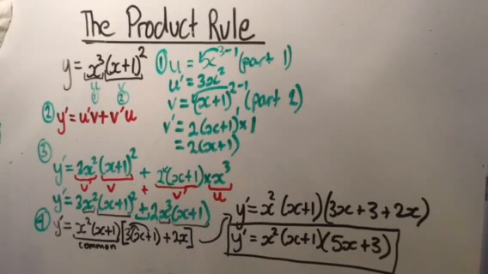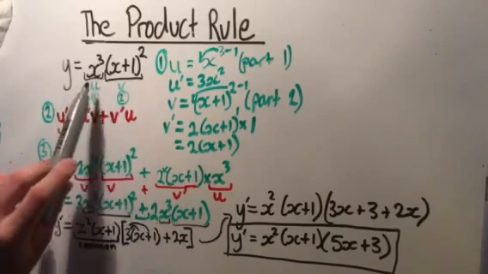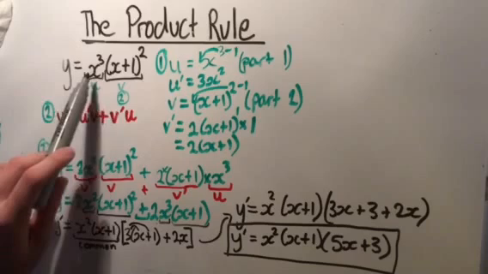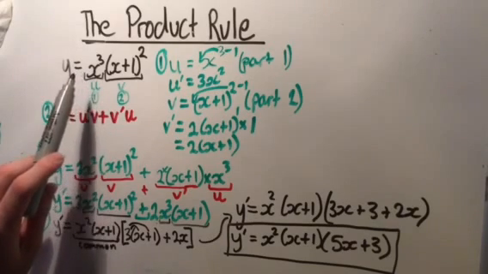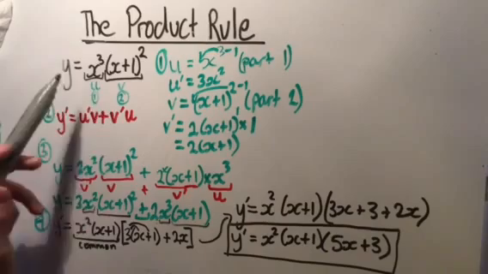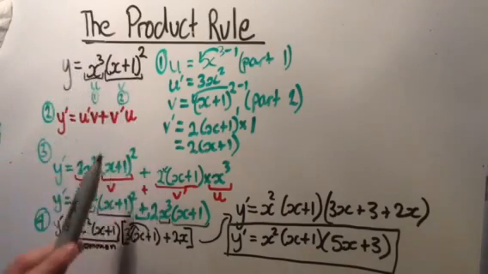So if you can follow those steps: get your equation, look at what two parts you have, and to know the parts, you just look at the different x parts. Where is x different? If this was a number out the front, I would not need to do the product rule because it doesn't have an x in it. But I have x cubed here, and then I have a bracket with x. So there's our two parts.